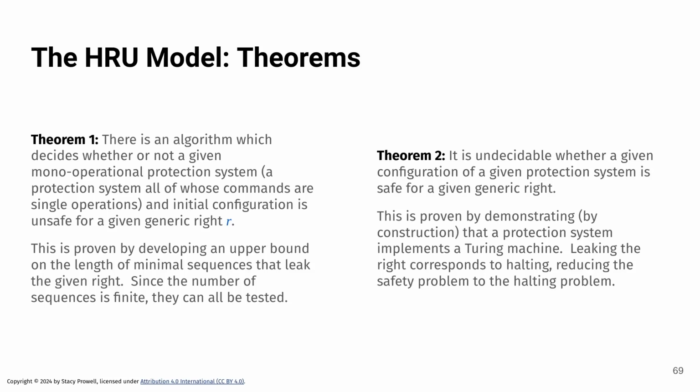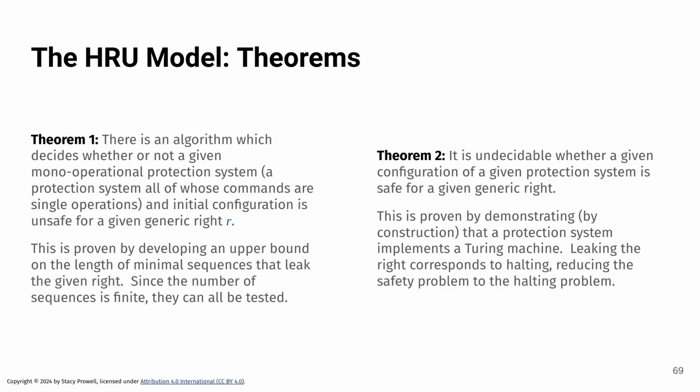Since all the sequences that I have to consider have a bounded maximum length, it follows that there's a finite number of them. Those sequences are made up of commands. There's a finite number of commands. The sequences have finite length. So therefore, there's a finite number of them.